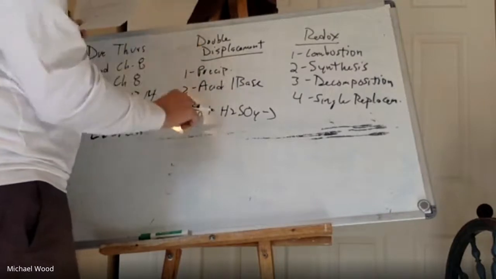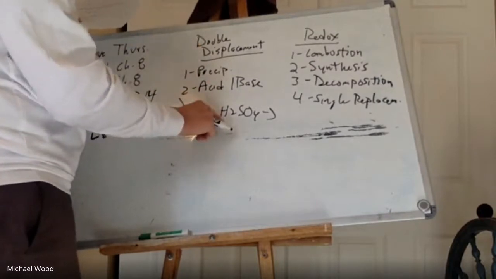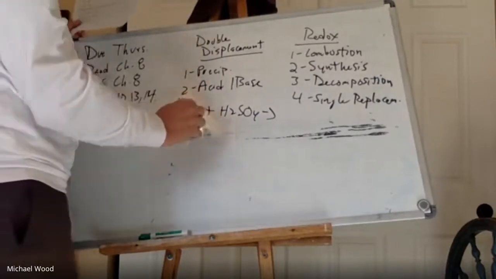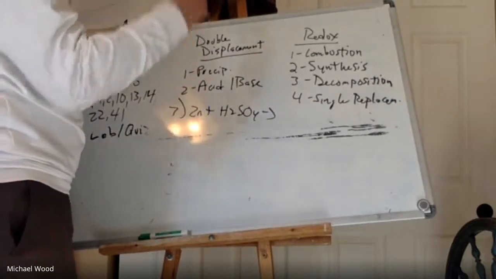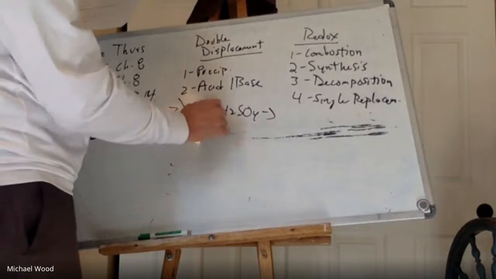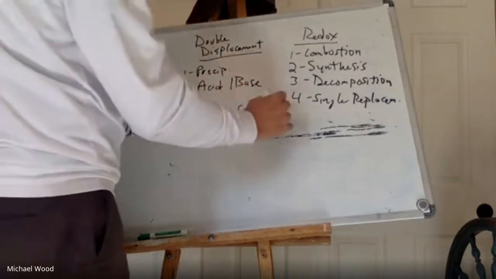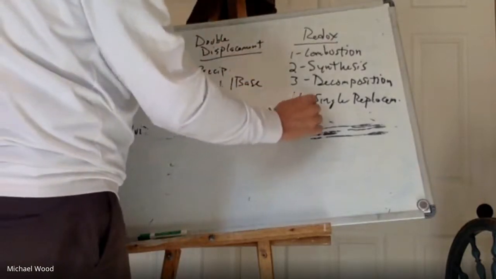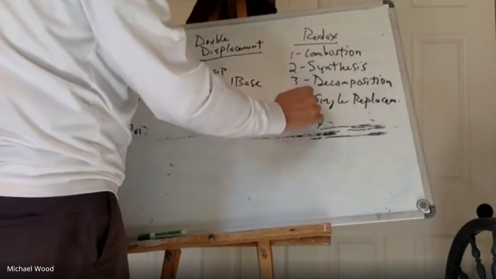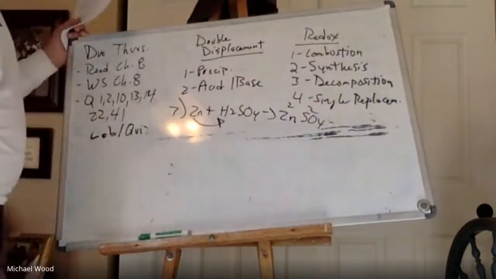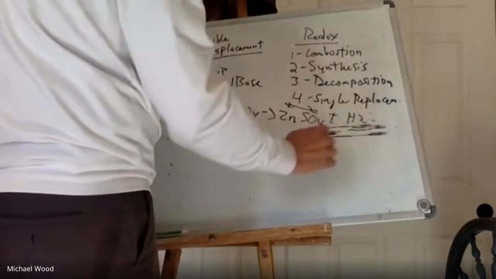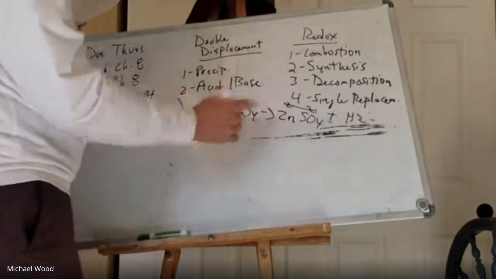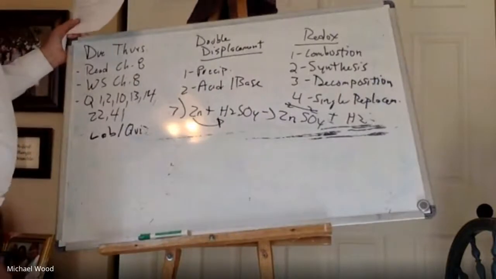Zinc, the replacing element, has to be above the element it is replacing. And on Thursday, when I have you guys back on a Google Meet, I'll show you on the periodic table. I think zinc is above that. So then I'm going to have zinc with sulfate. Now again, when you combine 2 things, you got to look up their charges so they cancel out. And then I have H2. Hydrogen is diatomic, and I think that one is actually balanced.